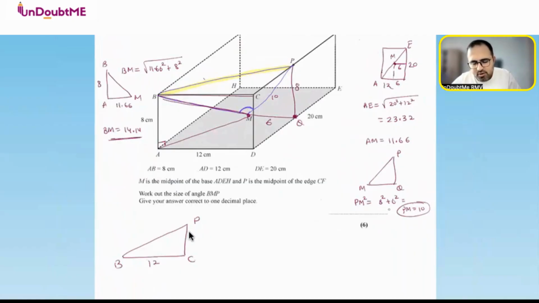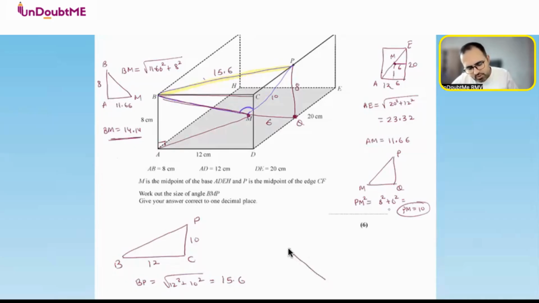PC is same as half of 20 because P is the midpoint. So that will be 10. And then BP will be square root of 12 square plus 10 square. So square root of these two will come out to be 15.6. I've got BP also as 15.6.